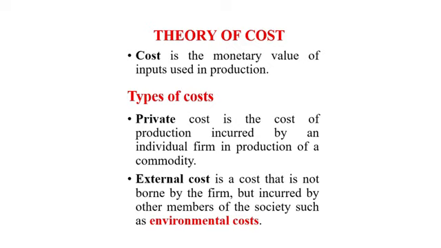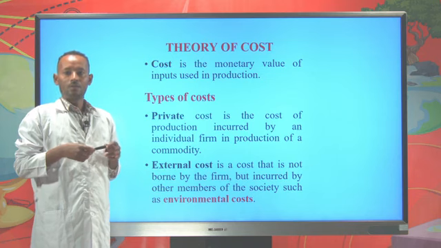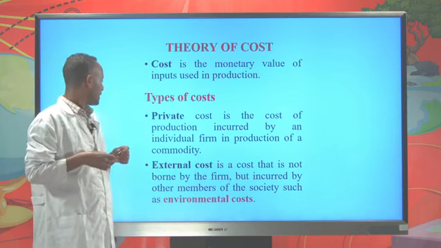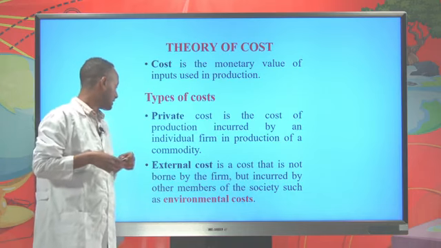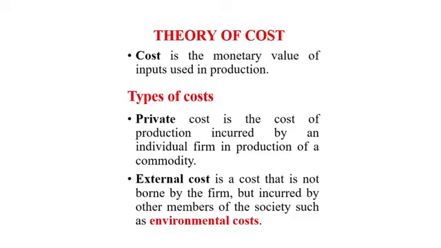The private cost is the cost of producing a good, and it is mainly incurred by a private firm. But the external cost is a cost that is not borne by the firm, but it is incurred by other members of the society.